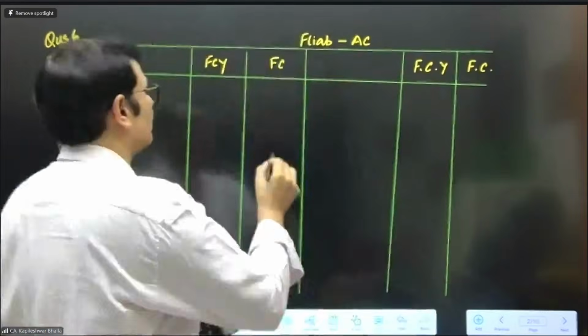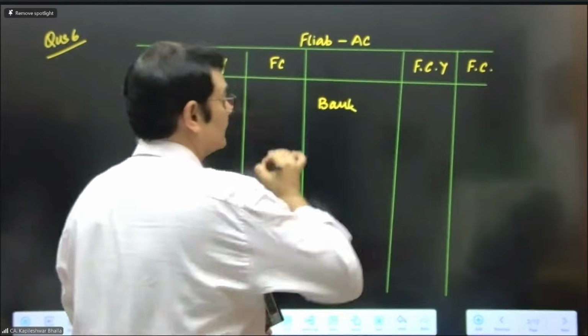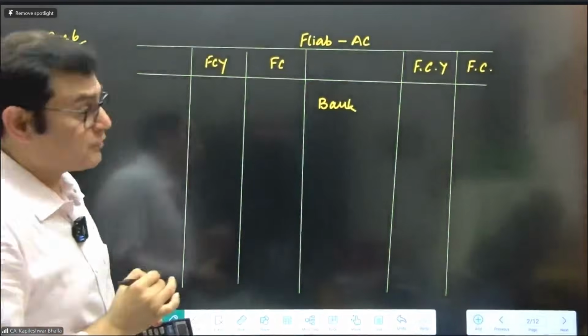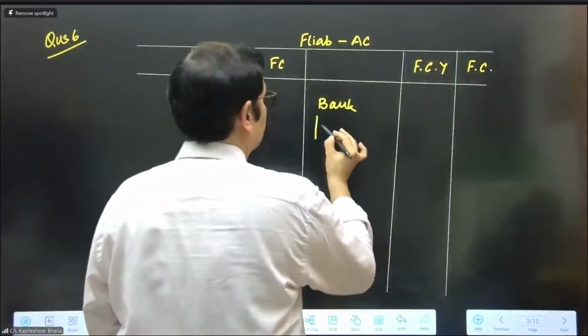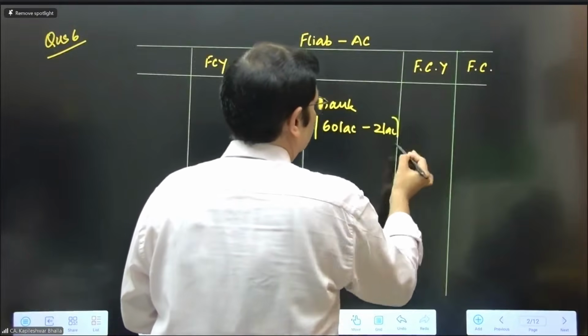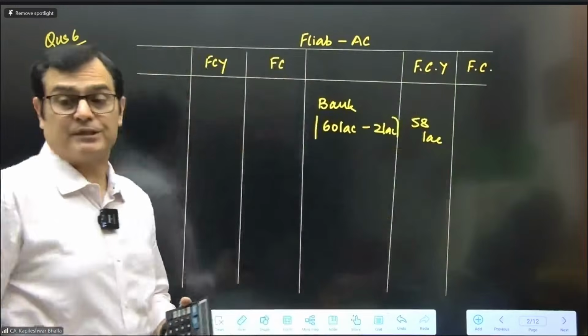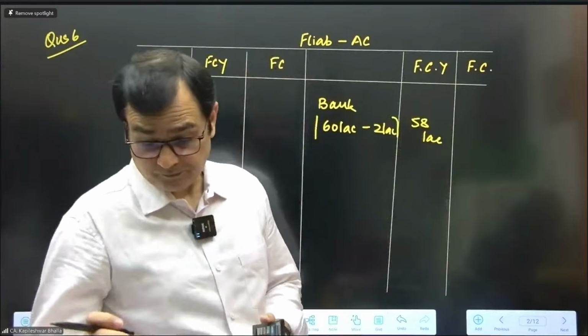So when you record this on the credit side, that is by bank, we would consider 6 million, meaning 60 lakhs, minus the amount of TC. So that works out at 58 lakhs. This is the proceeds at which it is recorded.